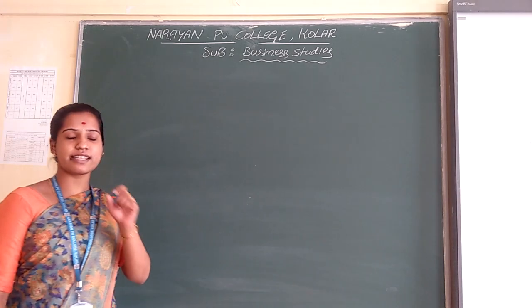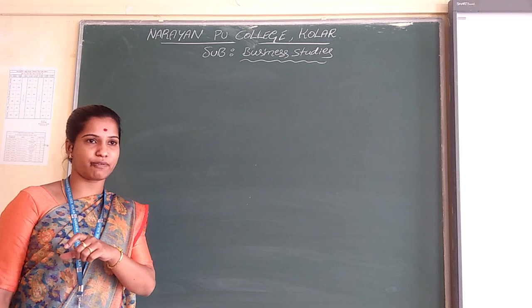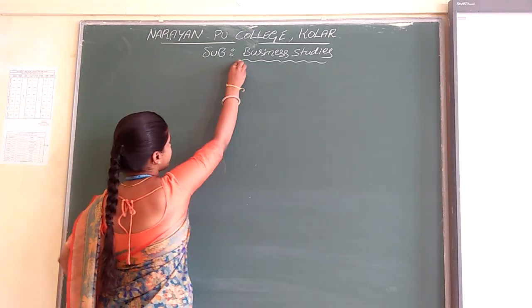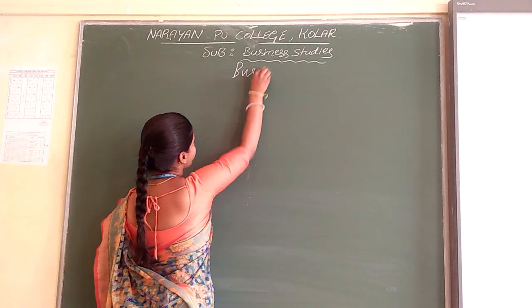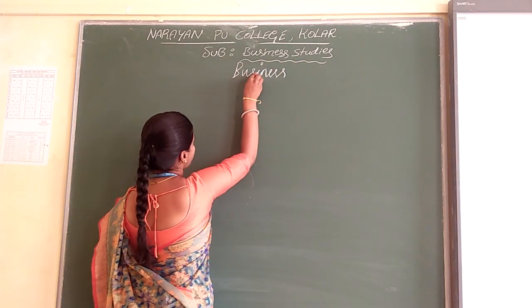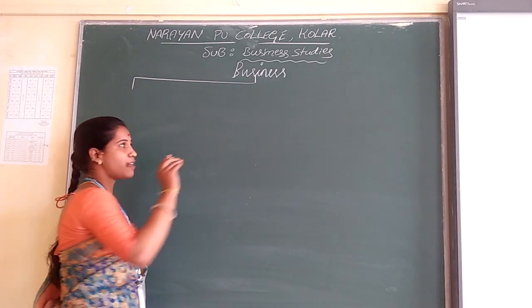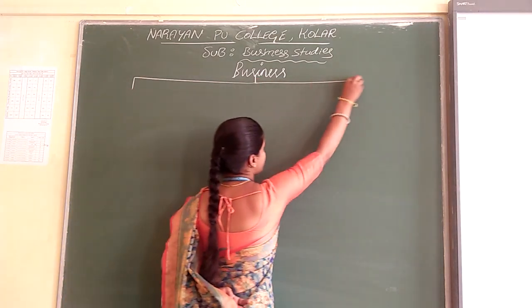The business activities chart can be broadly classified into two types.